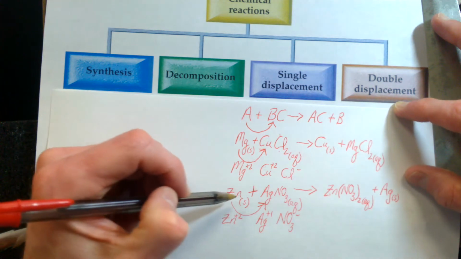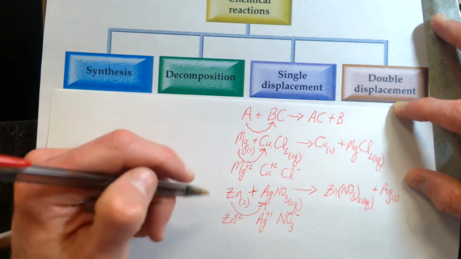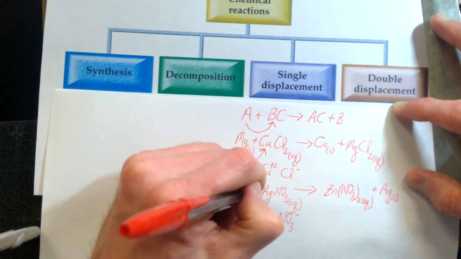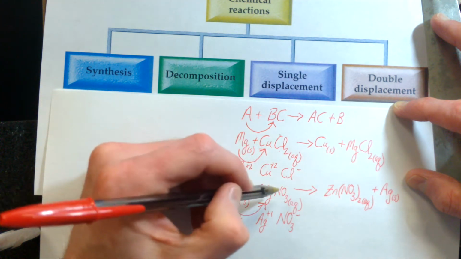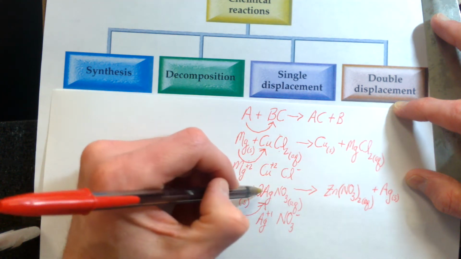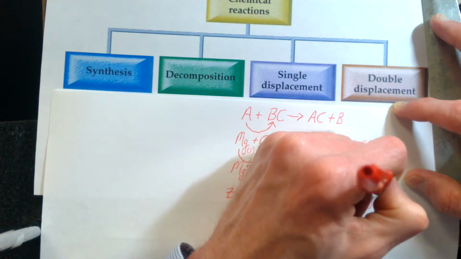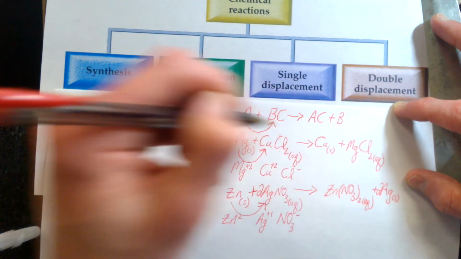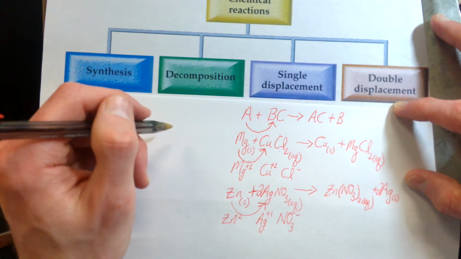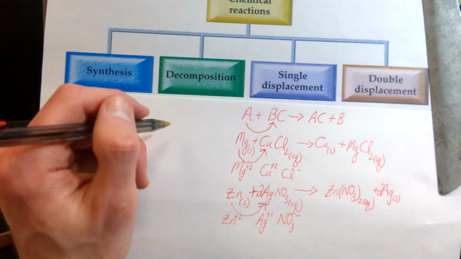Now, we need to balance this equation, so let's put a 2 in front of the silver nitrate so that we have the appropriate number of nitrogens and oxygens on both sides, and then let's put a 2 in front of the silver solid, and it's balanced. Okay? So those are our single displacement reactions.